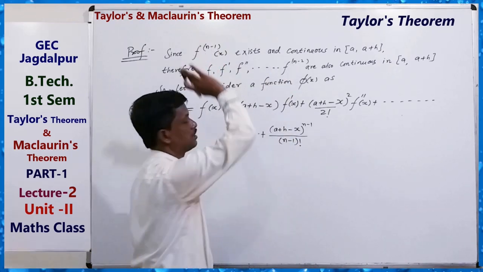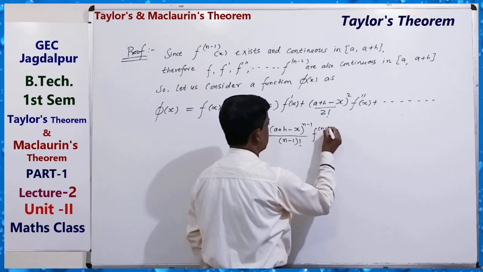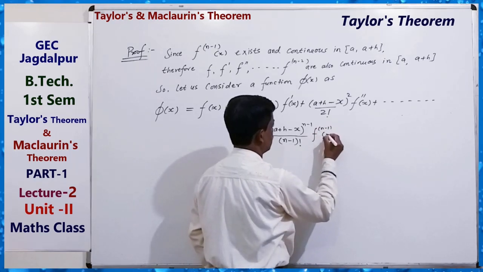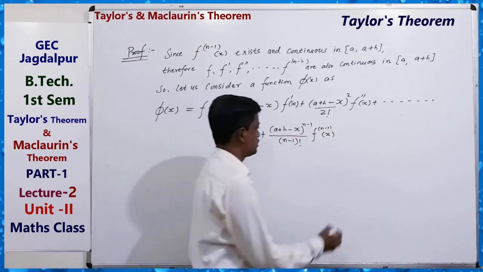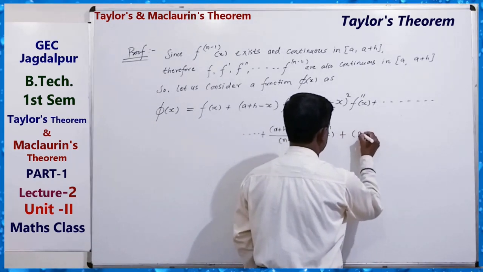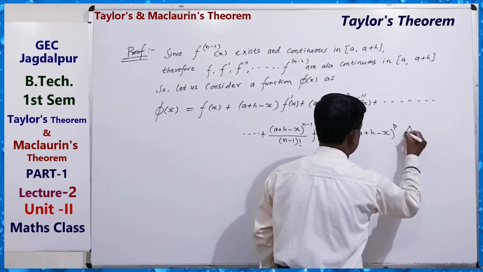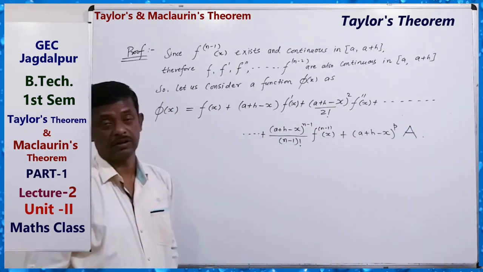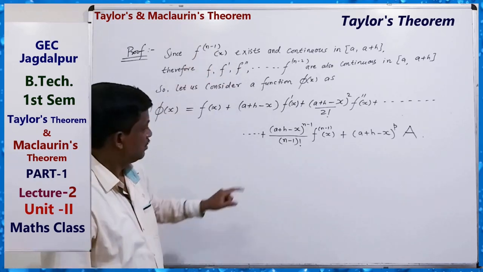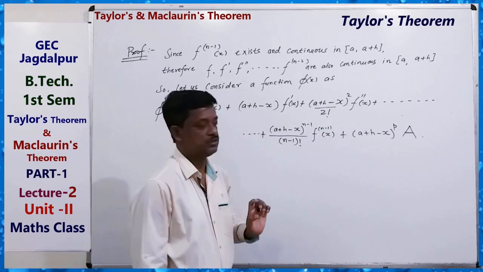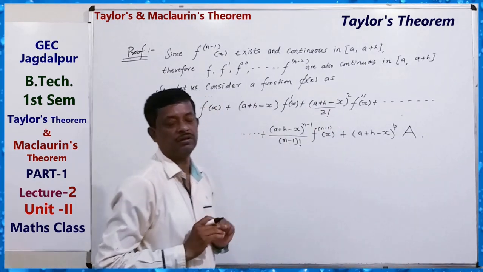All are exist. So here we can use f^(n minus 1) x plus (a plus h minus x) power p times a constant A. Because we have derivatives up to n minus 1, these all exist and are continuous, and we can combine this type of combination.